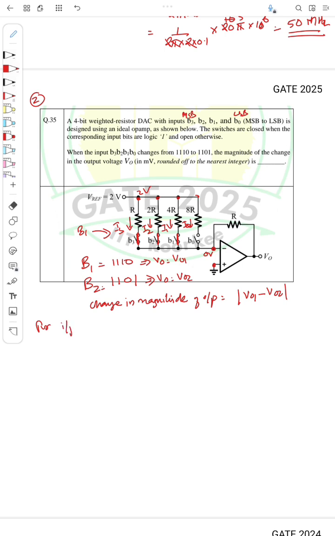For input 1110, the entire current will be flowing through R, so I will call this IR. This IR will be equal to I3 plus I2 plus I1, while this switch is open, so there won't be current due to I0.